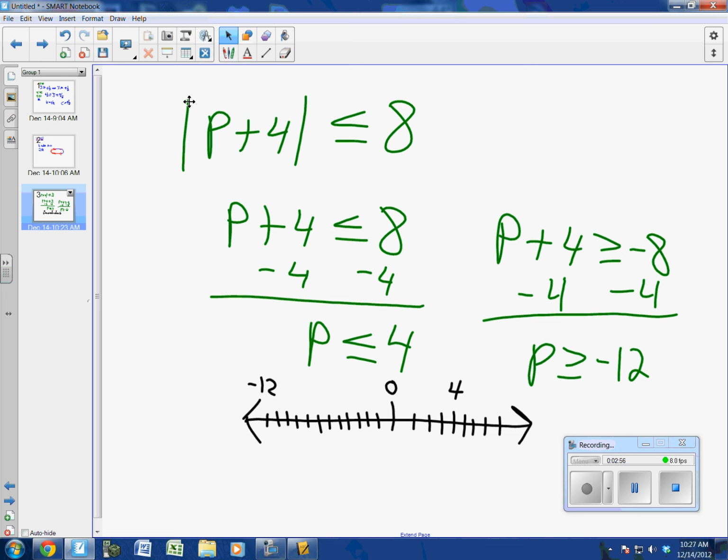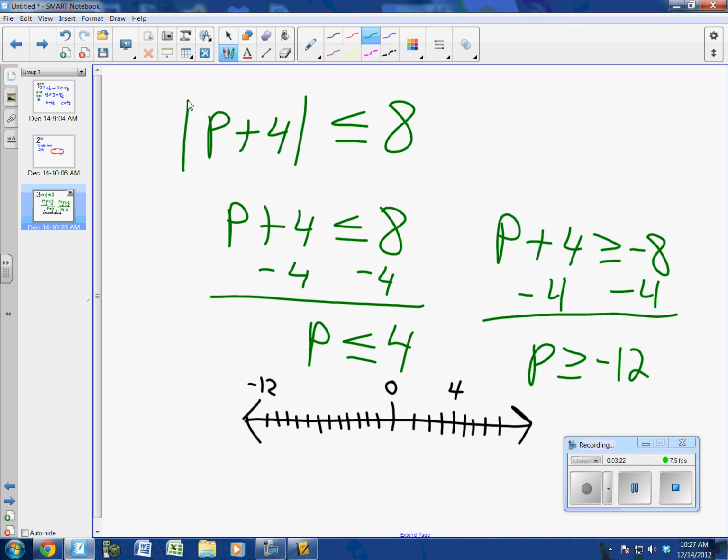Now, think about this statement up here, the original one we started with. The absolute value number has to be less than or equal to 8 units away from that, right? In other words, it has to be within 8 units of that. That would be what kind of statement? If it has to be within 8 units of it. No, it's an and statement. Okay? Because look, right here.